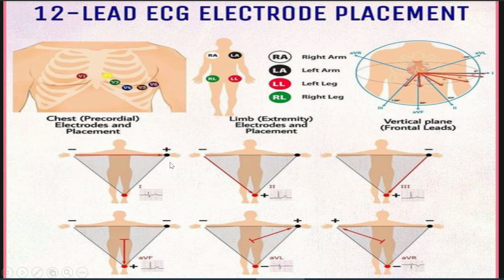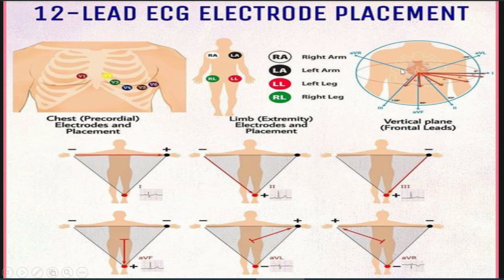Here you can see this is a triangle, called the Einthoven triangle, where in the ECG strip you can see 1, 2, 3, aVF, aVL, aVR and all. So what does this mean? It shows the complete 360 degrees of the heart.